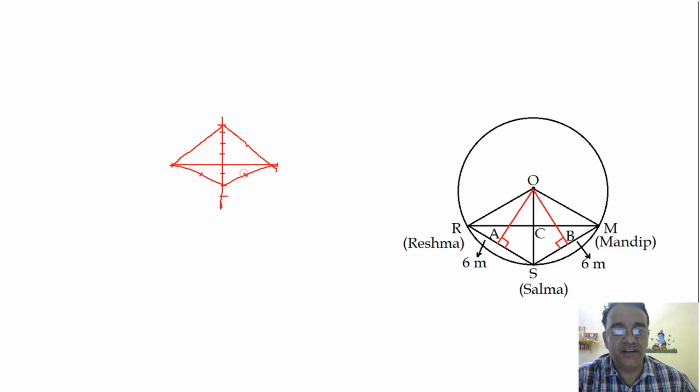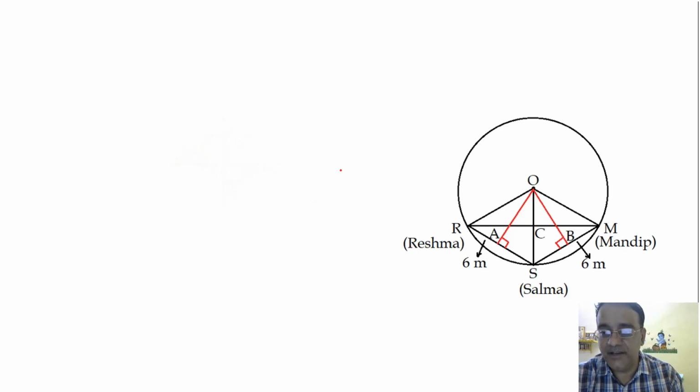All of these will be equal. And the converse is also true. If any point on a line is equidistant, that line is the perpendicular bisector. So here see, OR is equal to OM, and therefore OS we can write is a perpendicular bisector of RM. Whether this is clear?